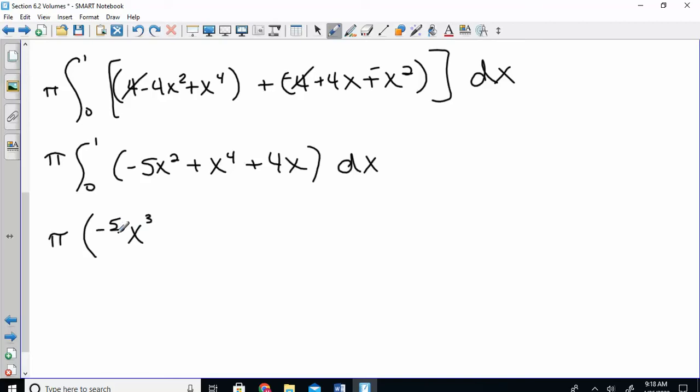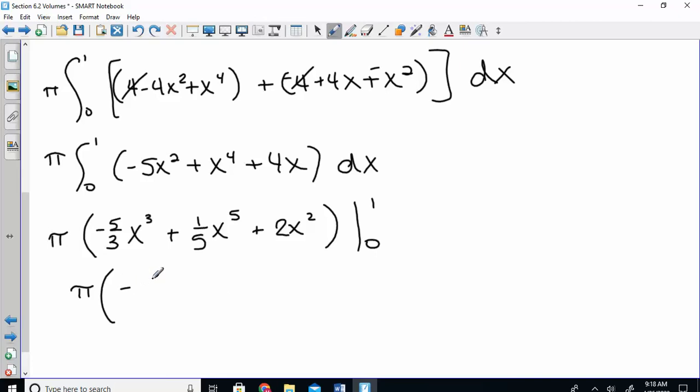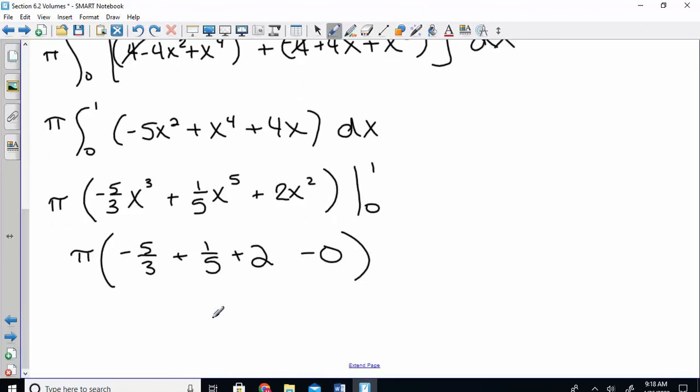So now we can integrate. Antiderivative of x squared would be x cubed, so we need a 1/3 in front. Antiderivative of x to the 4th would be x to the 5th, so we need a 1/5 in front. Antiderivative of 4x would be 2x squared. Put in 1. Put in a 0, all of those are 0.